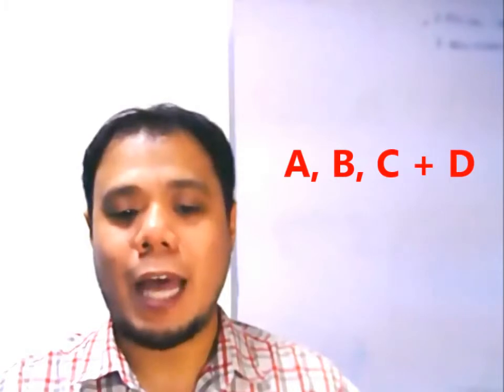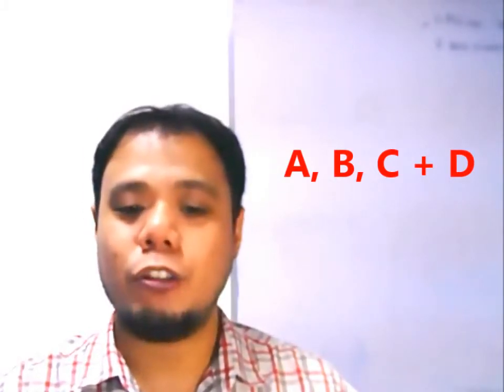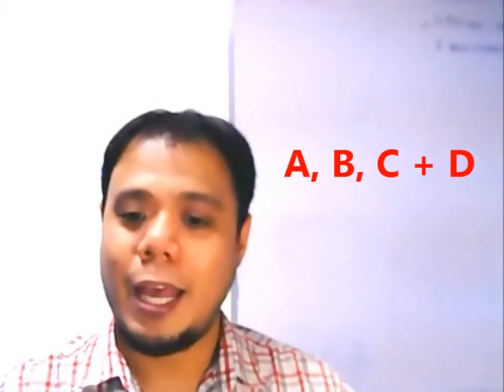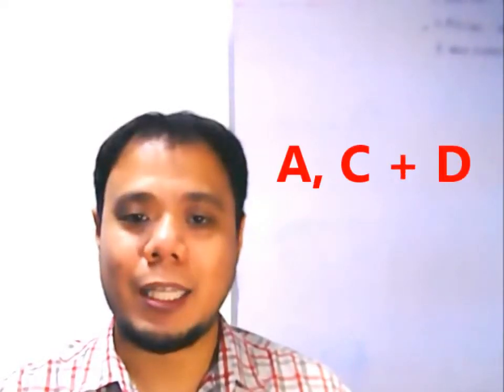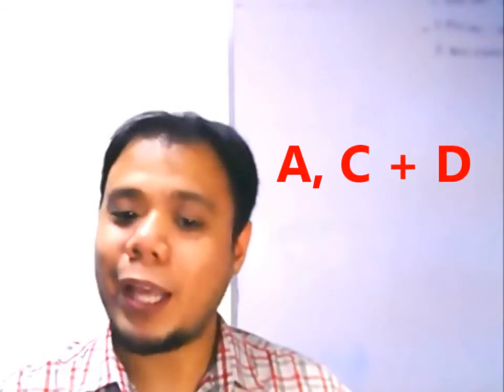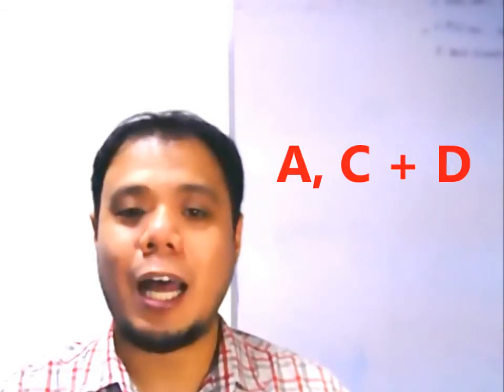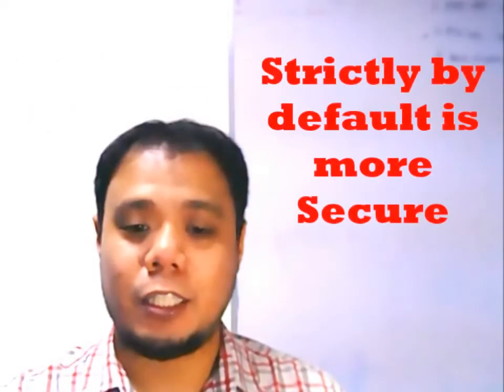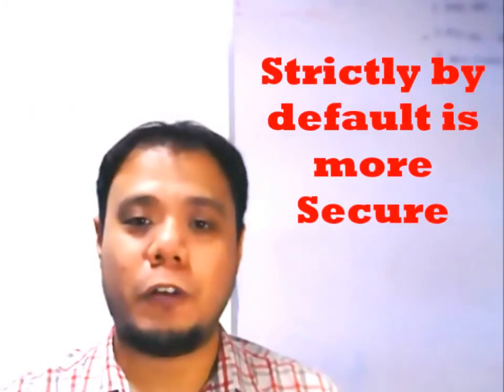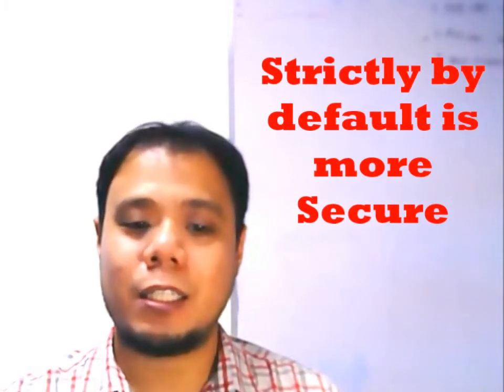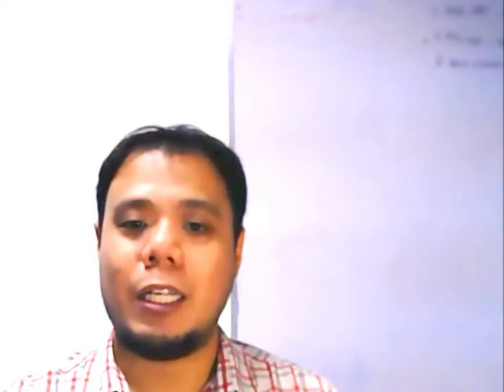What if we add D to the item list, and D should not be accessible? In blacklisting, I should add the item to our blacklist. But in whitelisting, it is already inaccessible by default. I don't have to do anything extra because I only whitelisted B. Strictly by default is more secure, and whitelisting is strictly by default. That's why it is more secure than blacklisting.